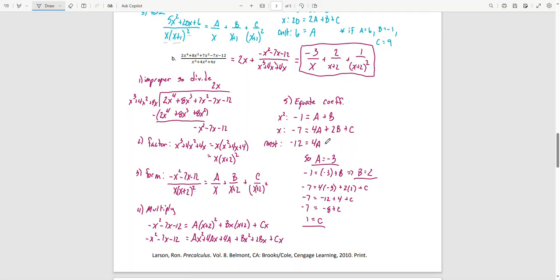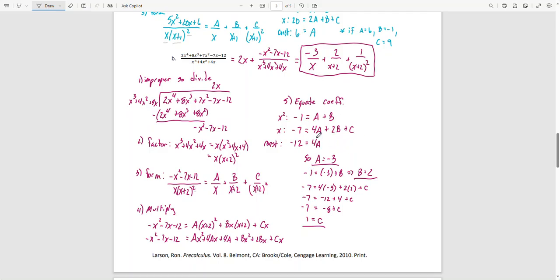One of these gives me something I can use. If 4a equals negative 12, a equals negative 3. Knowing a is negative 3, I could put it in my top equation. Negative 1 equals negative 3 plus b. If I add 3 to both sides, I get b equals 2. I know a is negative 3, b is 2. I can find c. Notice no need for elimination, substitution, anything fancy like that.